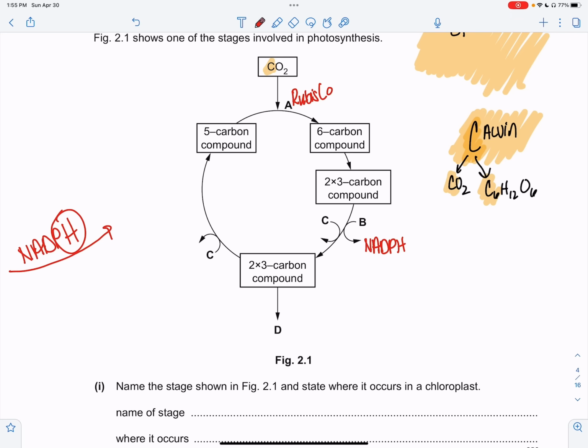Or you can call this NADP reduced because it is bringing on high energy electrons. All right, and we're not just going to put NADP because it needs to bring the hydrogen. We need to include that. It really doesn't leave until it's dropped this off.